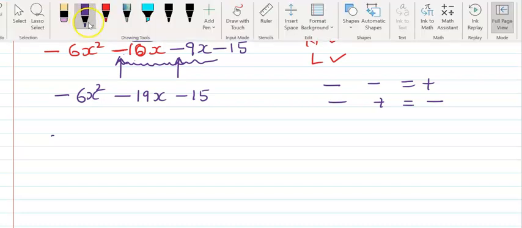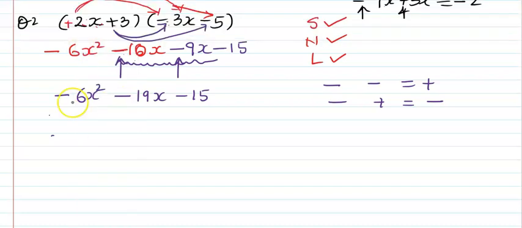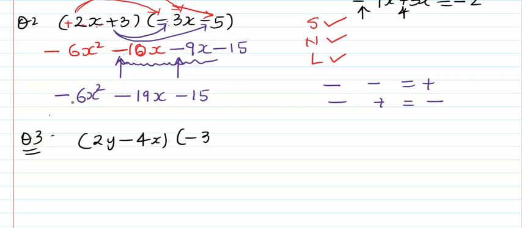You need to try that question on the whiteboard first. So question number 3, you are going to try 2y minus 4x minus 3y plus 5x. Please try this question. So with 2y, there is a plus sign. So first we are multiplying this, right? Okay.